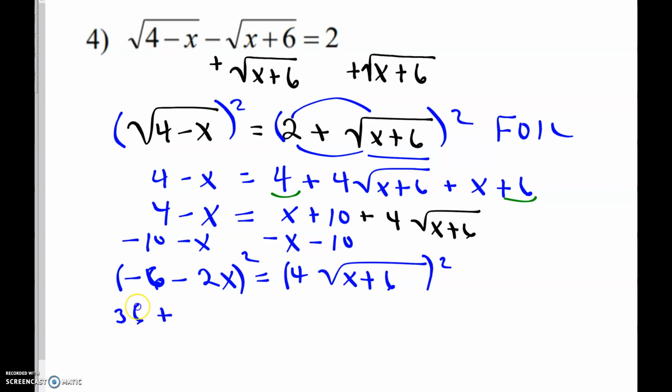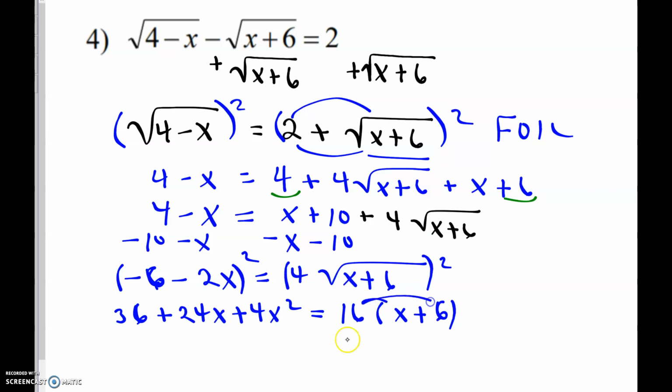36 plus 12, so plus 24x plus 4x squared equals 4 times 4 is 16. The square root of x plus 6 squared is x plus 6. My 6's look terrible today. Distribute your 16.